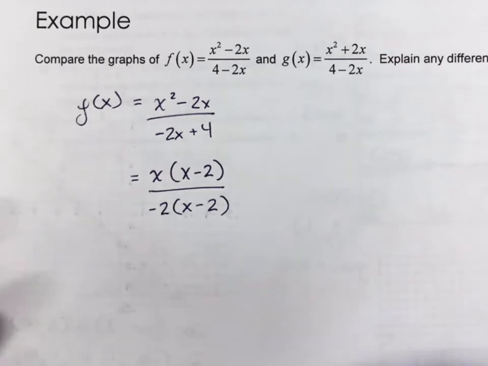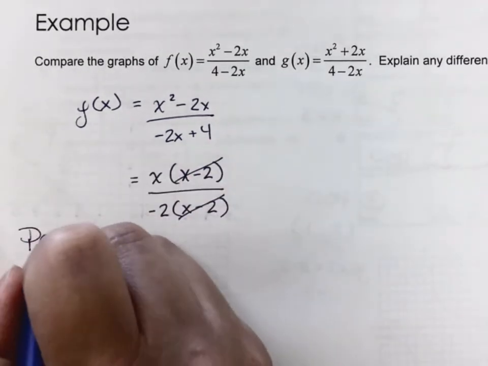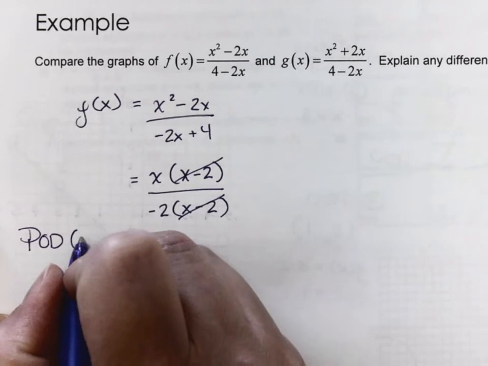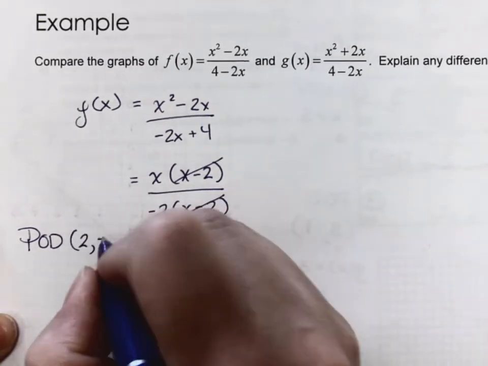We totally can. When I cancel these out, what do you know automatically it's going to leave? So we're going to have a point of discontinuity at positive 2 and negative 1.